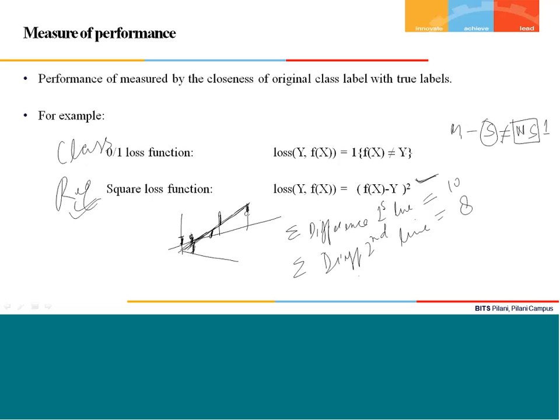Every time my hypothesis mismatches with the true label, I will add 1. So this is nothing but the sum of the misclassified samples by my hypothesis. The less the sum is, the better my hypothesis is.